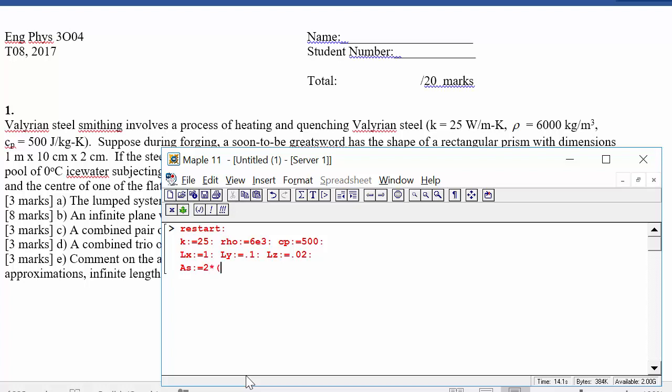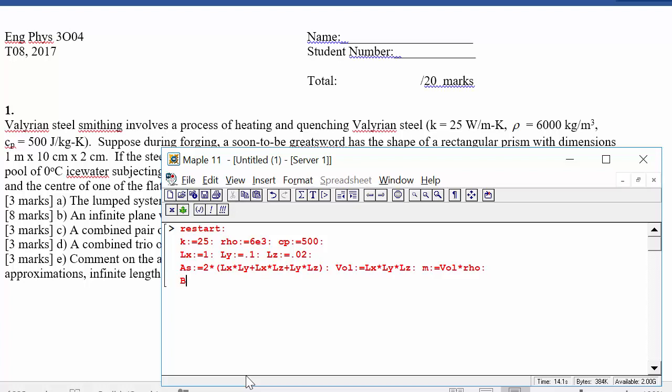So surface area would be 2 times Lx times Ly plus Lx times Lz plus Ly times Lz. And the volume is going to be Lx times Ly times Lz, which means for the mass, we don't actually need to output what those are. The mass is going to be equal to the volume times the density. Okay, so we're good to go here.